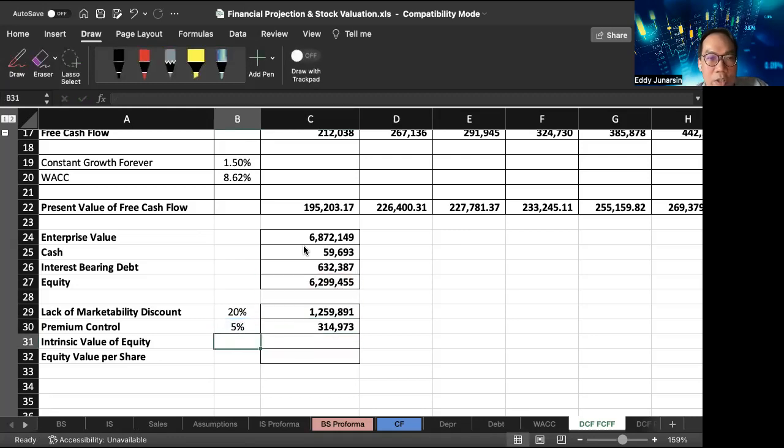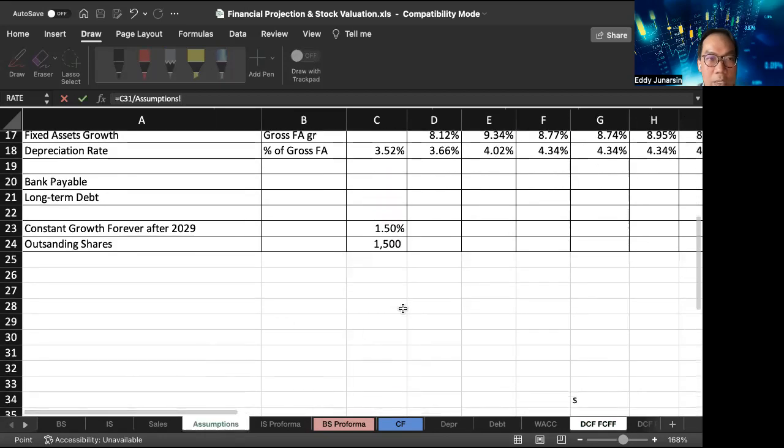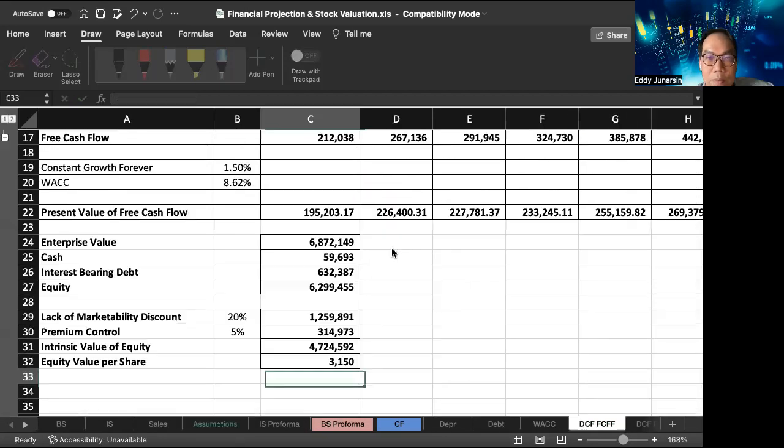So what is the intrinsic value of equity after the discounts, right? Marketability discounts and premium discount? So it would be minus this, these two. Okay, so 4.7 billion, and we divide it by the number of shares outstanding. I think we saw it somewhere. Yeah, here. Okay, so it's about, I don't know. Oh, okay.